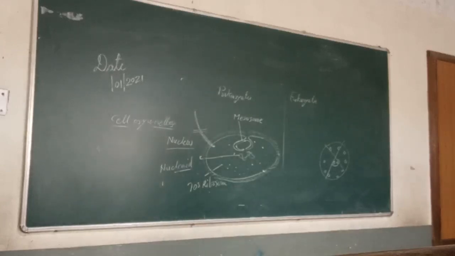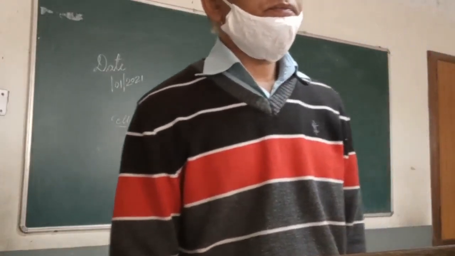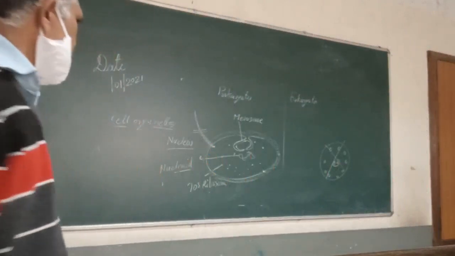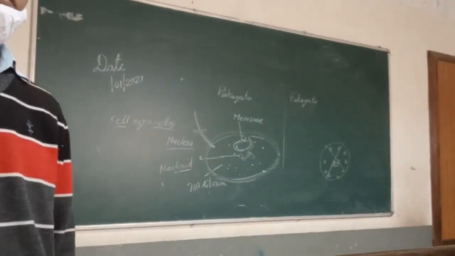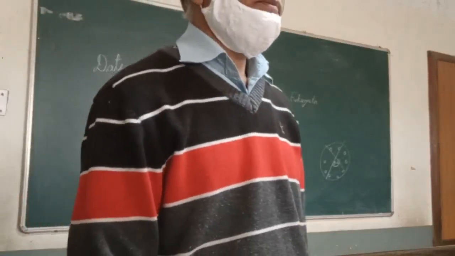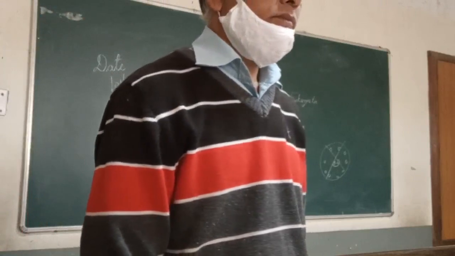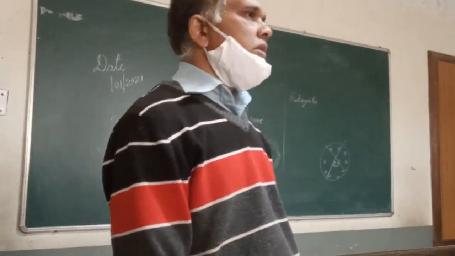Next, write: in prokaryotes, the nucleus is called nucleoid. In eukaryotes, the nucleus is called nucleus.